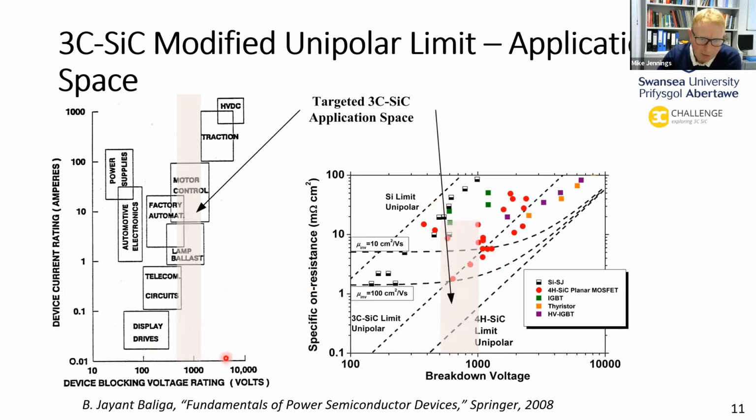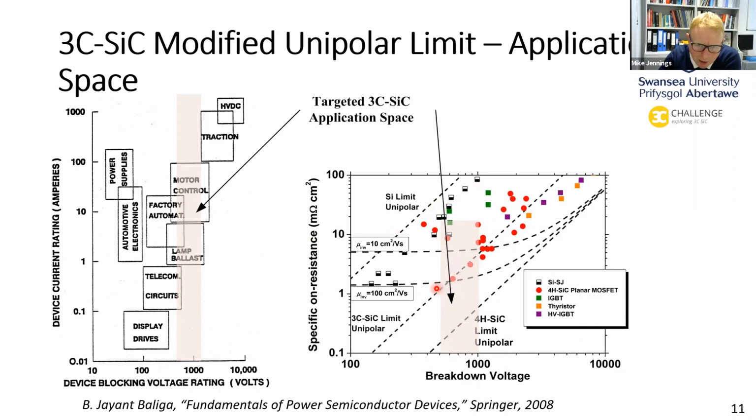Again, going back to the unipolar limit for cubic silicon carbide and plotting out all of these commercial devices around that unipolar limit, we see that cubic silicon carbide should follow the trajectory between about 800 and 1,000 volts.